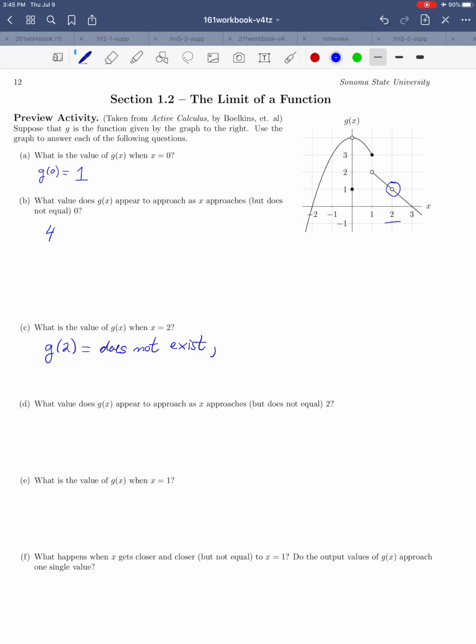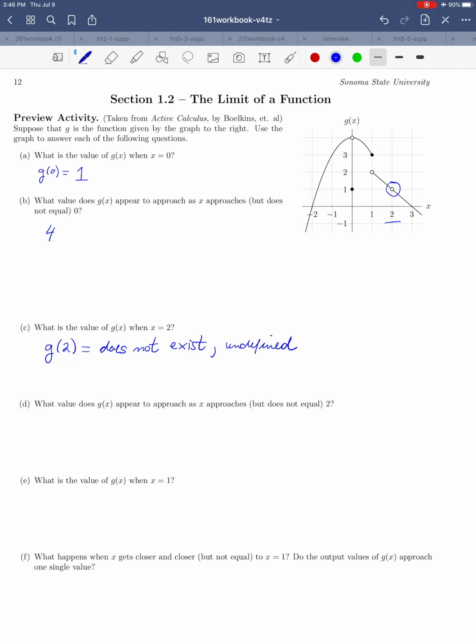Or another way of saying that is to say that g of 2 is undefined, because there simply is no output value associated with input value 2.